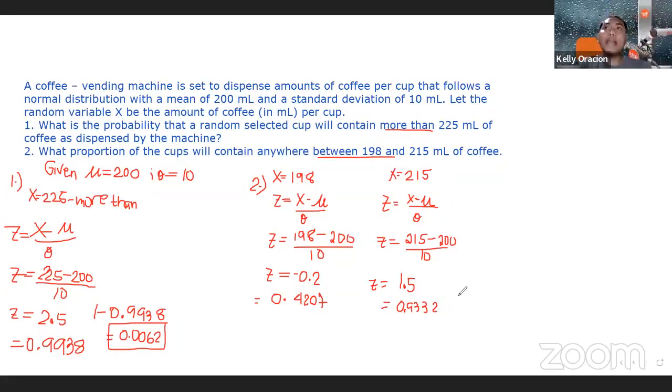Now, since the situation is between, we subtract them.